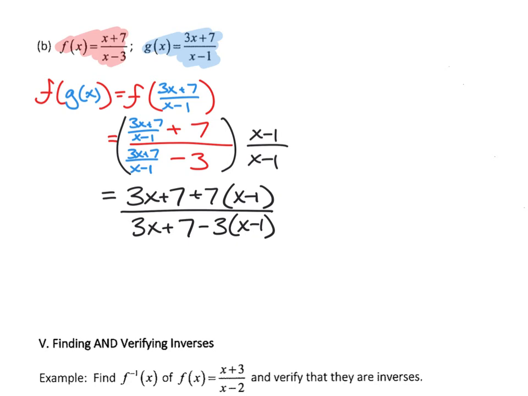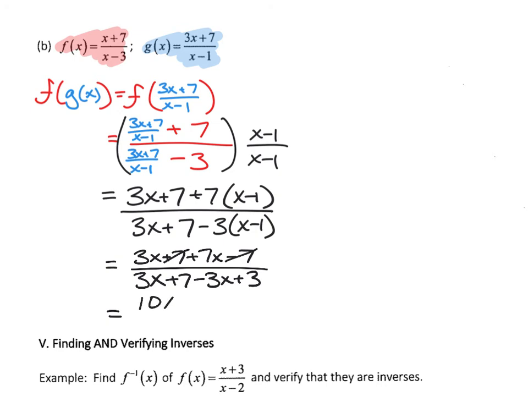Then if we distribute and continue to simplify, this is 3x plus 7 plus 7x minus 7, I just distributed the 7, over 3x plus 7 minus 3x plus 3. I find my like terms and simplify them. These cancel, which leaves me with 10x, and these cancel, which leaves me with 10. And 10x divided by 10 is x.